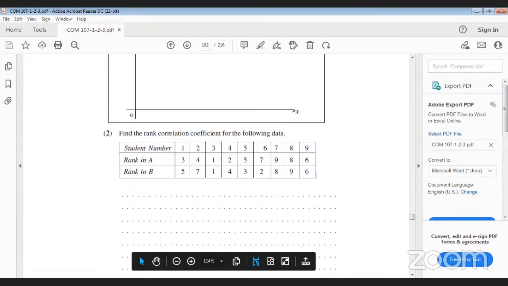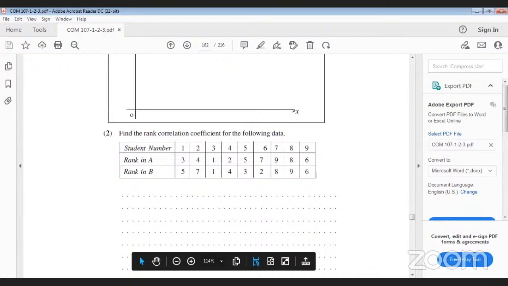Now in the third column, we have to find the difference between rank A and rank B. Here you will find the difference 3 minus 5, that is minus 2.